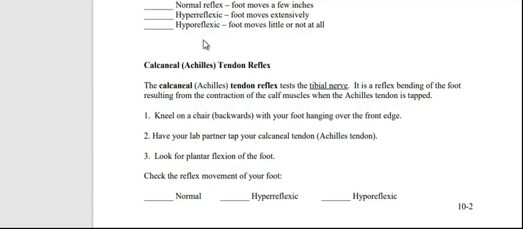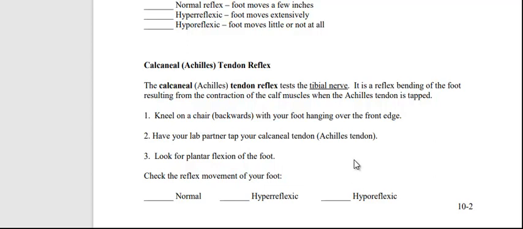Another test that you can do is you can hit the Achilles tendon, and that's the one that's attached to the calcaneal bone of your heel all the way up to your gastrocnemius muscle.